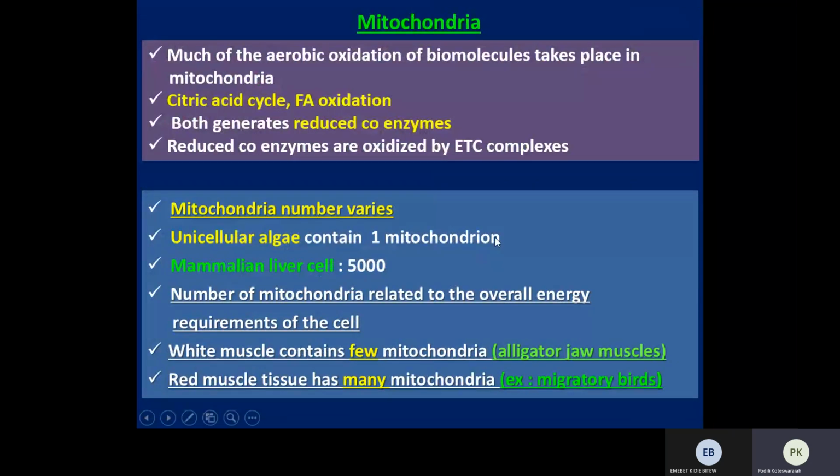Now, since this process takes place in the mitochondria, we need to go through the structure of the mitochondria. We know that the mitochondria is the storehouse of the cell, and many aerobic reactions take place there, mainly the citric acid TCA cycle and fatty acid oxidation.